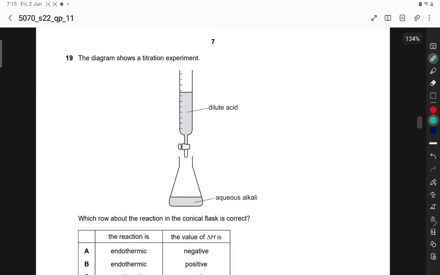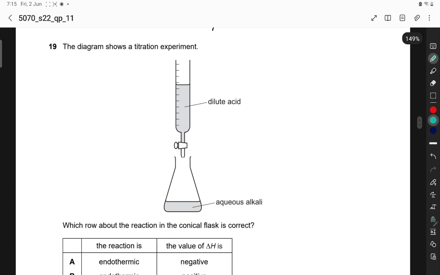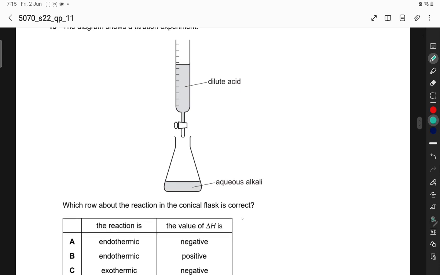The diagram shows a titration experiment. Which row about the reaction in the conical flask is correct? This is an acid, this is an alkali.